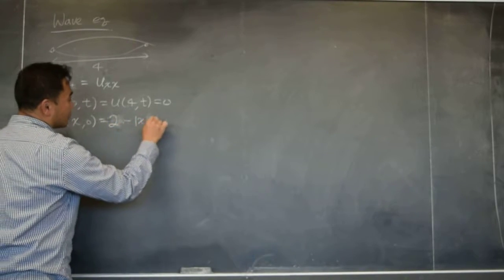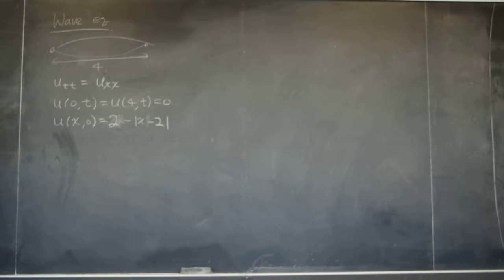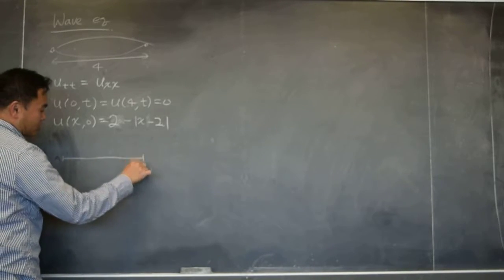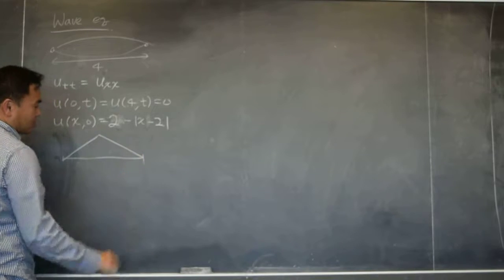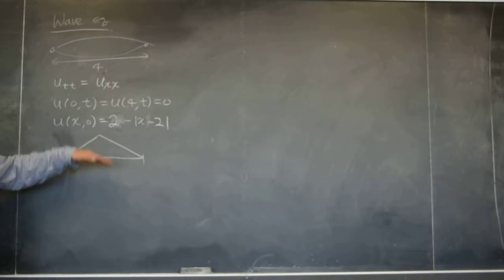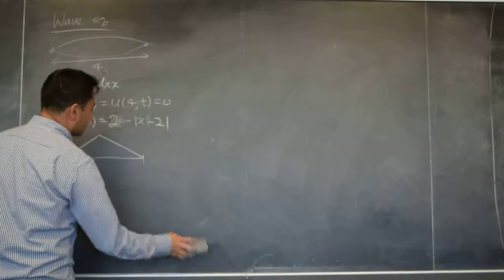So if you do that, then the graph looks like the following. Initially, it's like that, and you're releasing it, so it will start going back and forth.